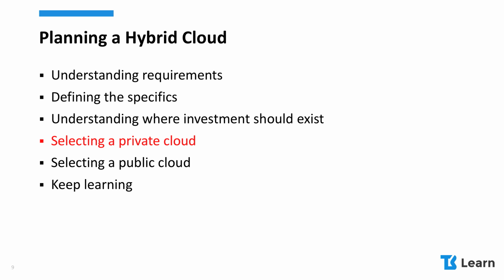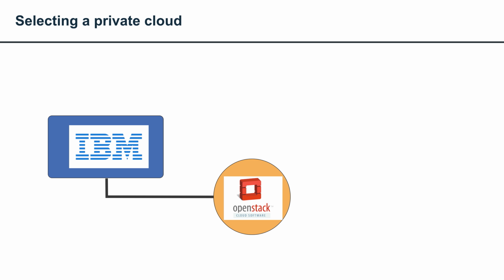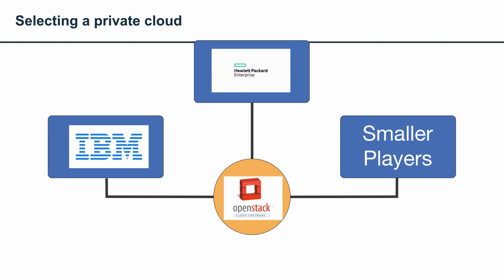Selecting a private cloud. When we select a private cloud, we need to look at the cloud software. This is basically a software purchase. Ultimately we're buying the physical hardware, we're buying the platform, and we're also buying or leveraging some sort of private cloud software.